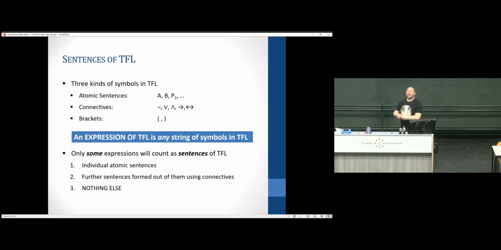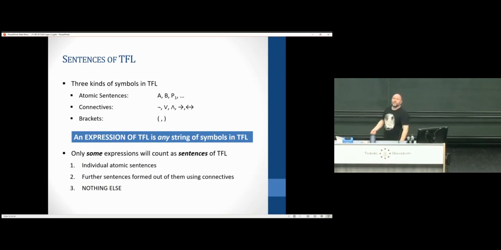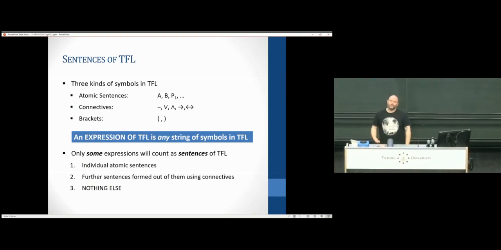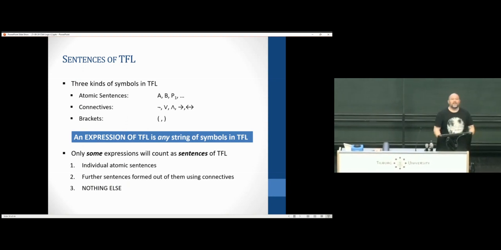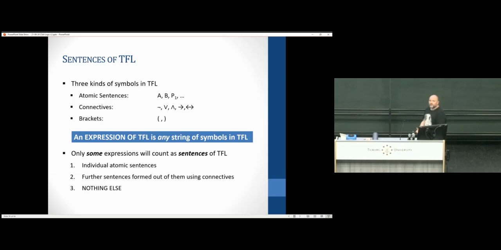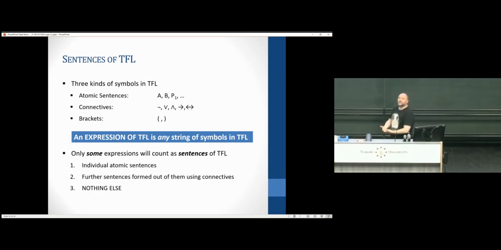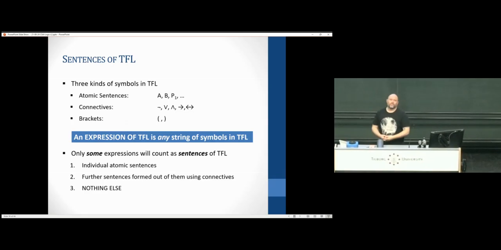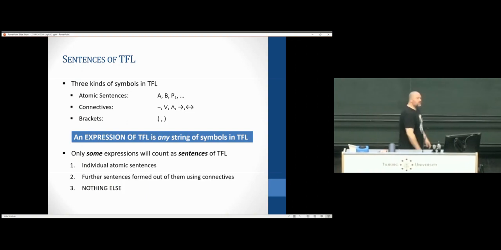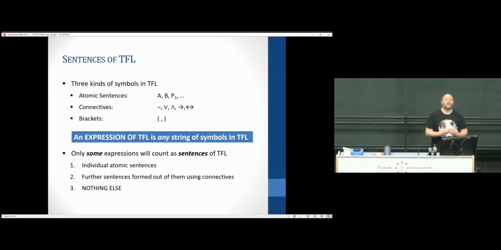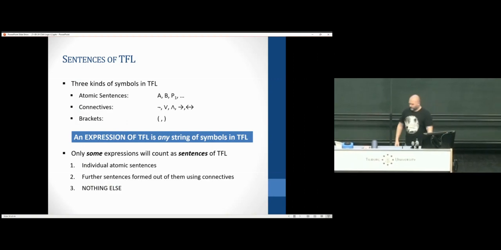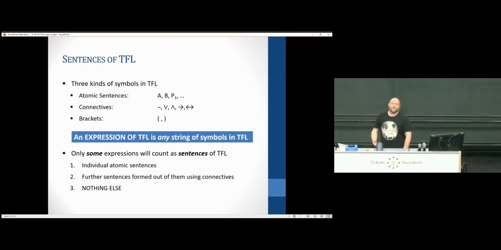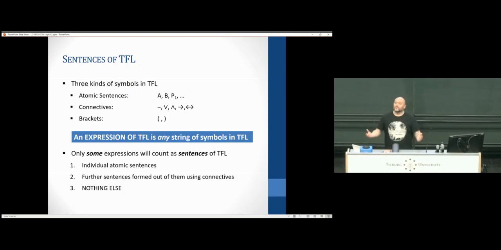So now, let's talk about defining sentences in TFL. If we think about TFL, it's actually an incredibly simple language. It basically has three kinds of symbols that make it up. The first one, the most obvious one, are atomic sentences. Capital letters, maybe with subscript numbers if needed. The second parts are the connectives.